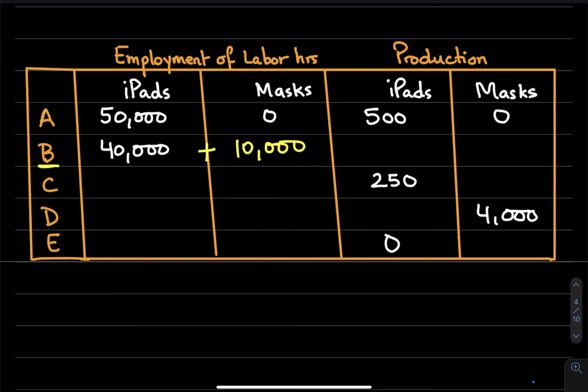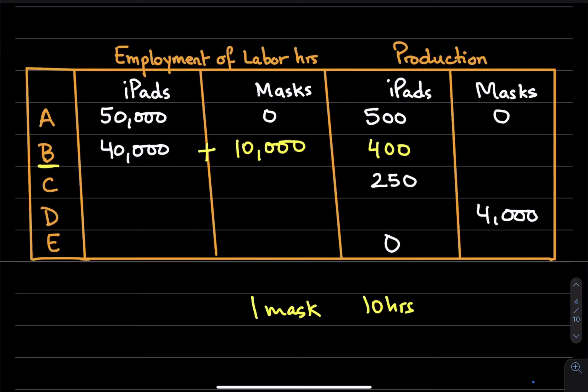In similar ways you would calculate how many iPads you have with 40,000 hours, which is going to be 400. Essentially, to get 400, you're dividing 40,000 by 100. For the number of masks, we know that one mask takes 10 hours, right?